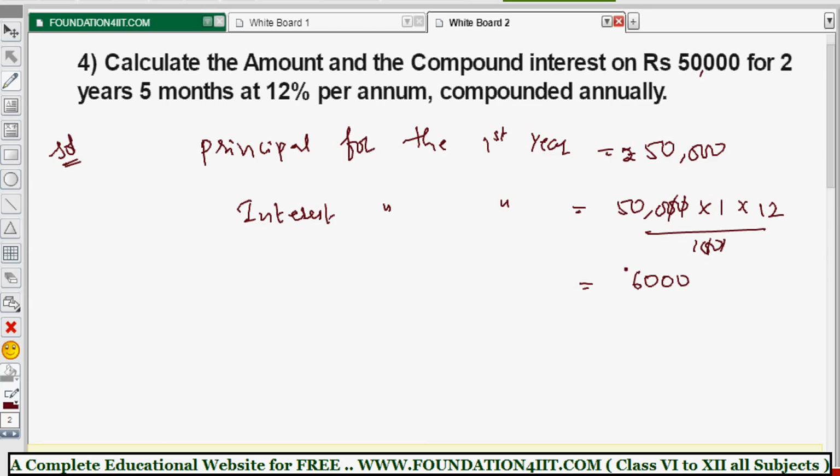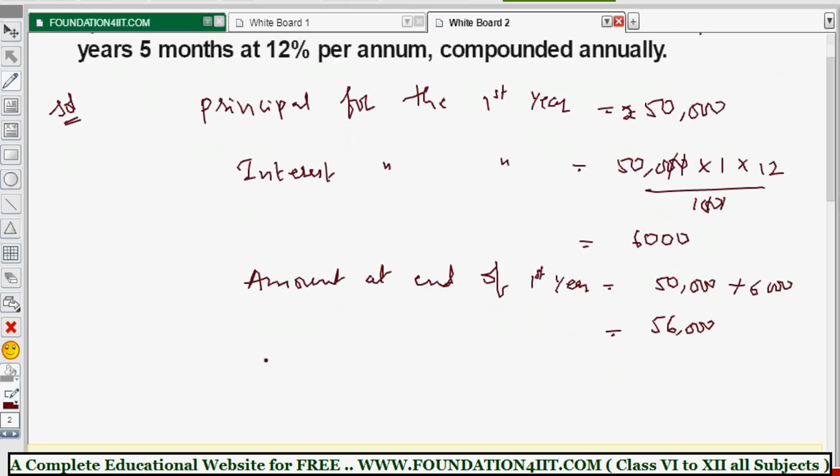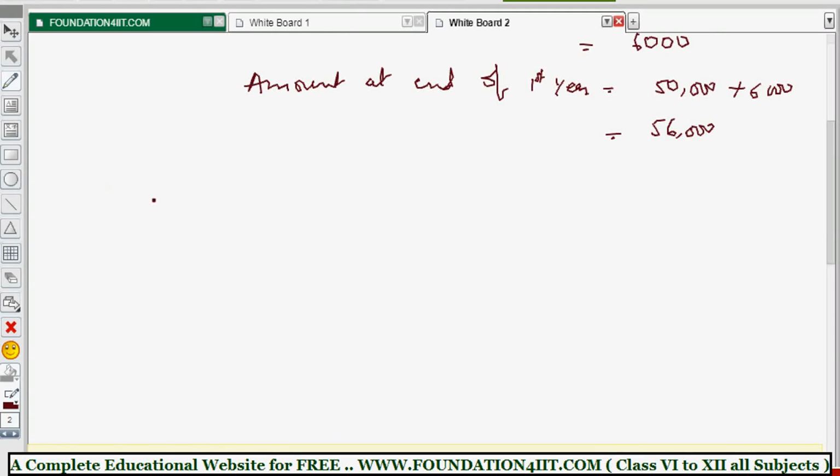Now the amount at the end of the first year is the 50,000 principal plus 6,000 interest, total 56,000. This becomes the principal for the second year.